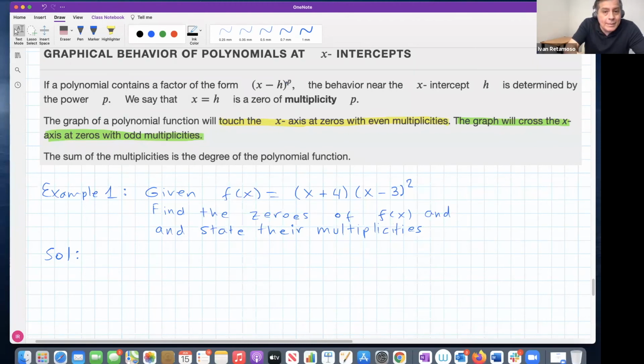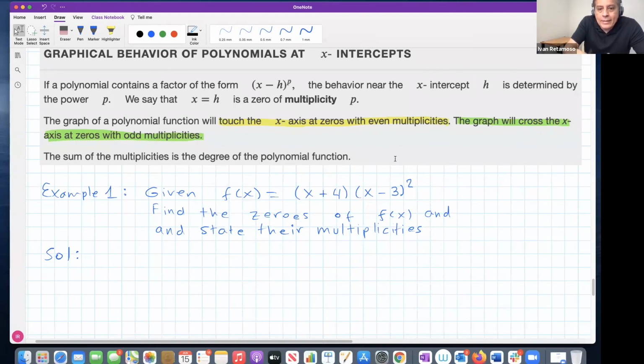So if the multiplicity is even, the graph will touch the x-axis and then will go away. Maybe this way, maybe this way. Otherwise, the graph will cross the x-axis at zeros with odd multiplicity, right? So if the multiplicity is not even, it must be odd, right? So in that case, it will cross the x-axis this way, perhaps, maybe this way, right?